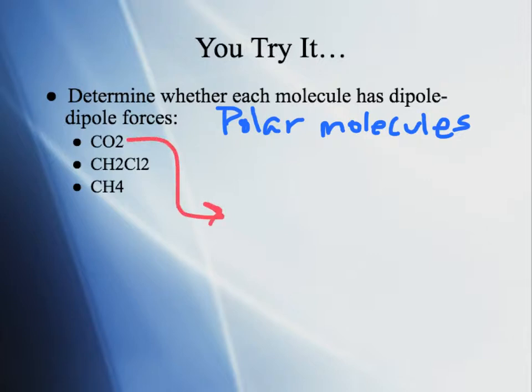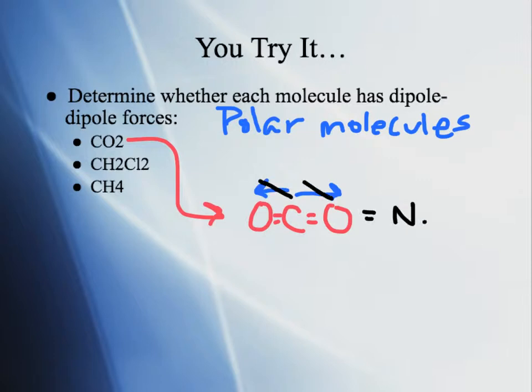CO2. Okay, so we have our C and our oxygens. I'm going to skip to the structural formulas. We know that oxygen is very electronegative, so oxygen will be pulling electrons to either side. And remember, if we have equal and opposite pulling, these are going to cancel, and we're going to end up with a nonpolar molecule.